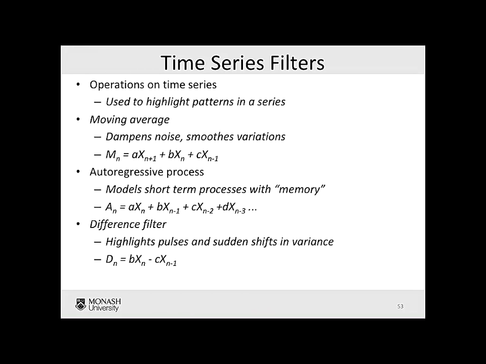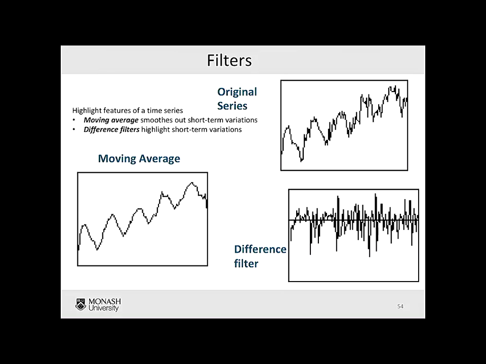Then we look to filter the data, so we highlight these patterns in the series. For example, let's look at the next slide. If we have our original data, we can see this is the moving average, and we can have the difference.